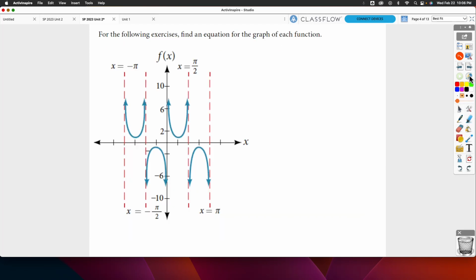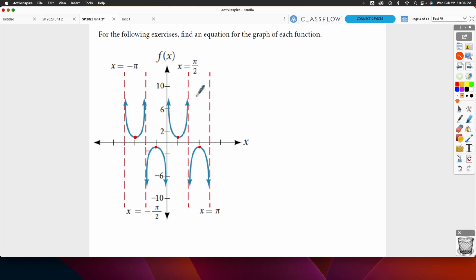Let's look at the next one. Okay. So this time, we would want to find the equation for the graph of each function. So in this particular case, let us do both the secant and the cosecant. All right. So if we would graph the secant or the sine or cosine curve here, what we do is we take this minimum and maximum points, right?